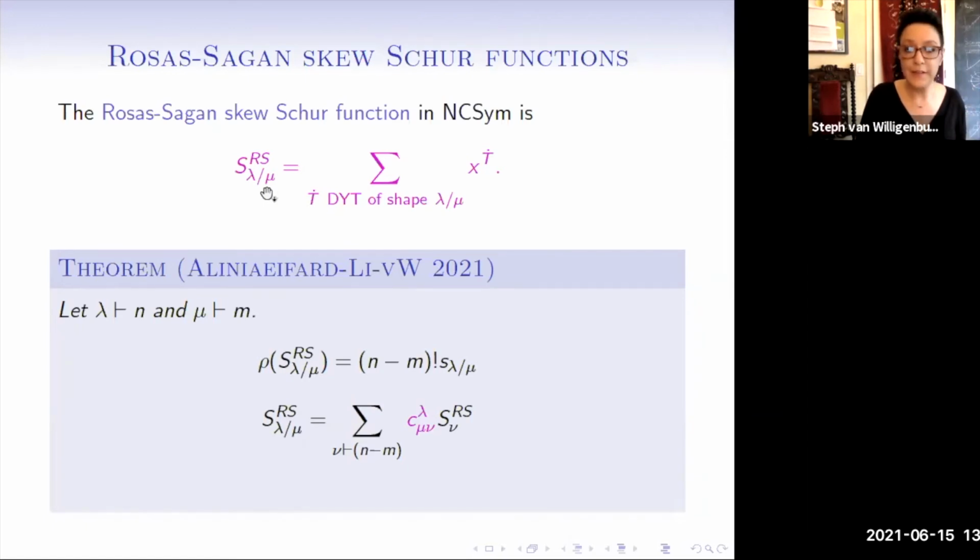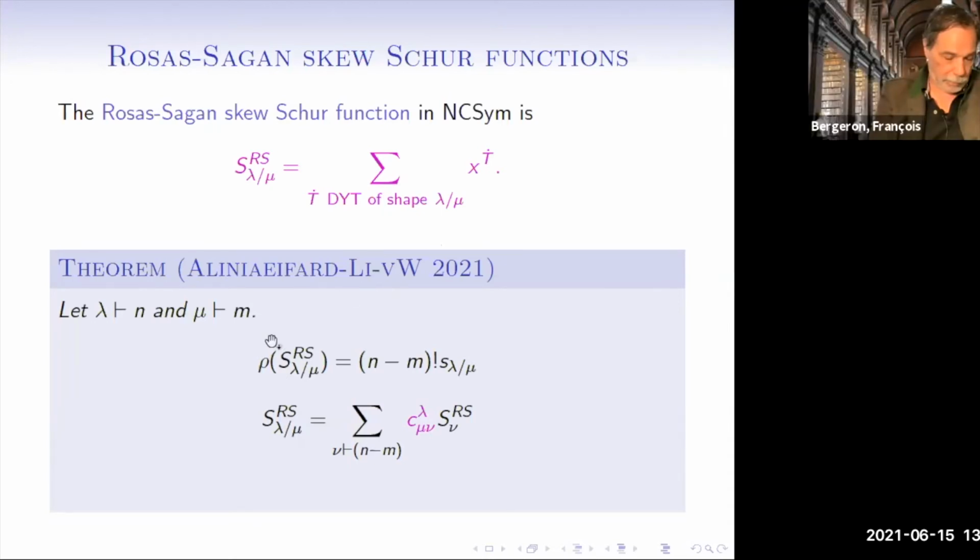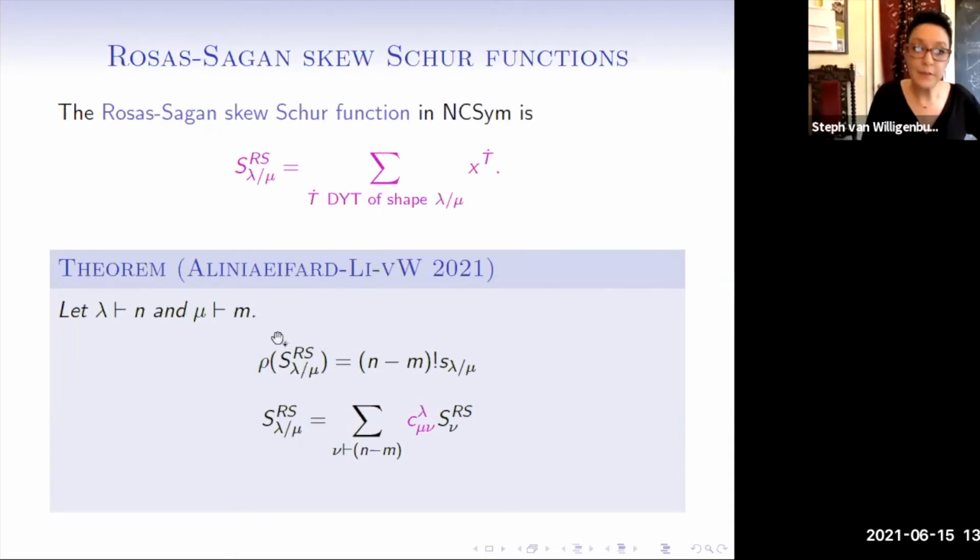The only difference is that instead of being of shape lambda, you're now doing this in something of shape lambda skew mu. If you take the Rosa-Sagan skew Schur function and let the variables commute, you end up getting the classical skew Schur functions.